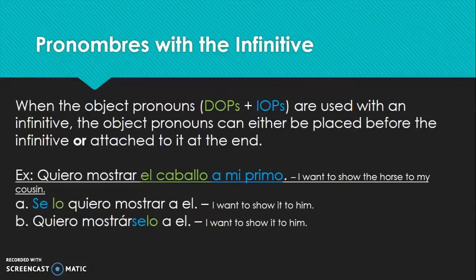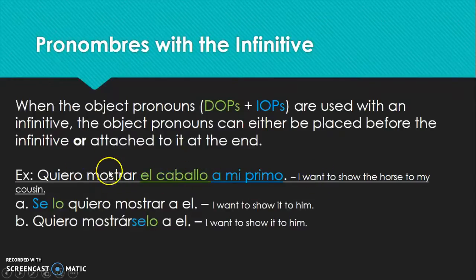So when the object pronouns, DOPs and IOPs, are used with a verb in the infinitive, the object pronouns can either be placed before the infinitive, as we've been learning, or you can attach to it at the end. So what do I mean by that? Let's look at this sentence. Quiero mostrar el caballo a mi primo.